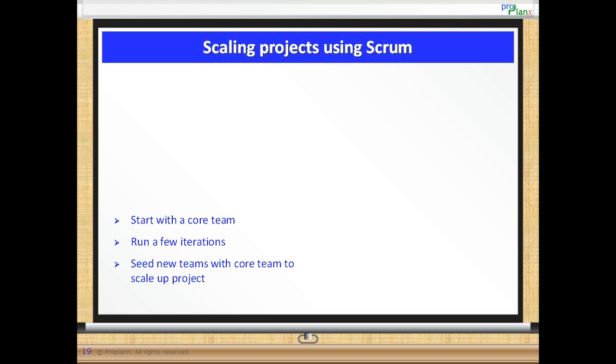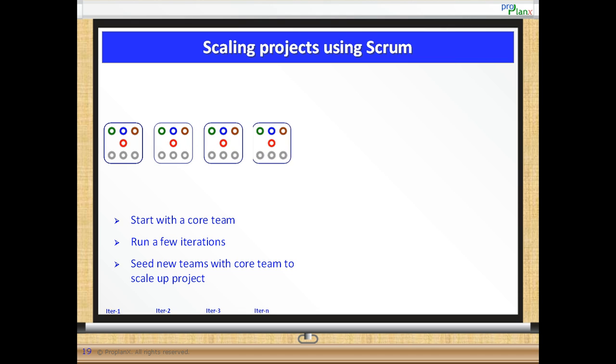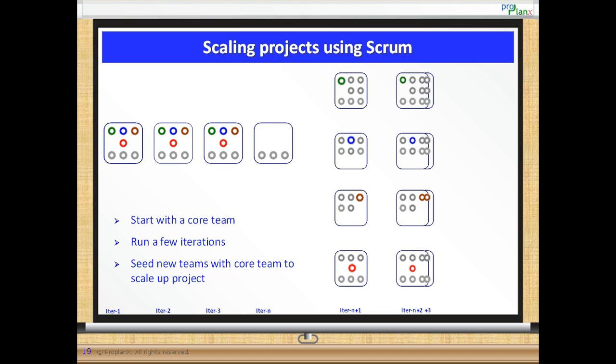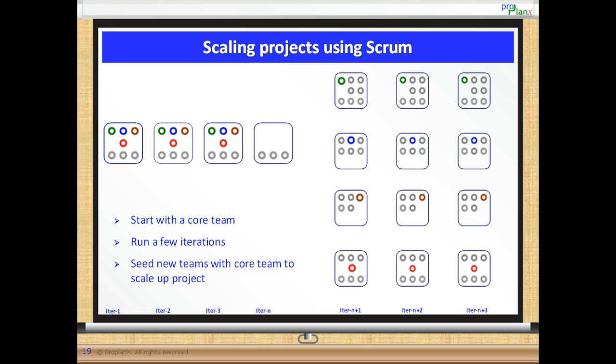Scaling projects using Scrum. Scrum projects can be scaled through a mechanism of seeding new project teams with experienced team members. Now, how is it done? First, start with a core team. Run a few iterations. This gives sufficient time to build the core infrastructure and test out end-to-end integration, and also develops increments of functionality that the customer can use.